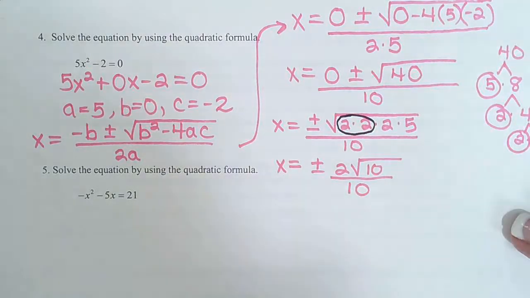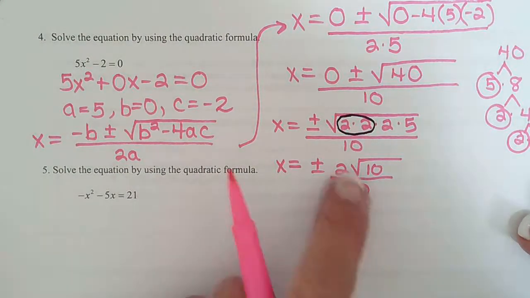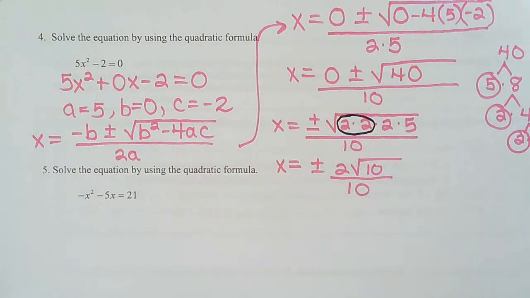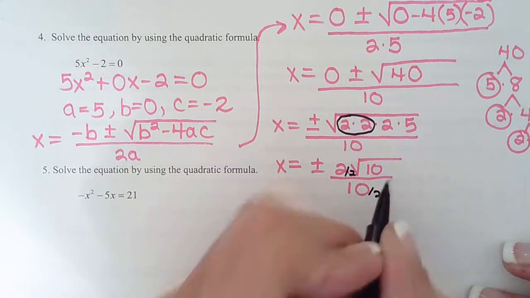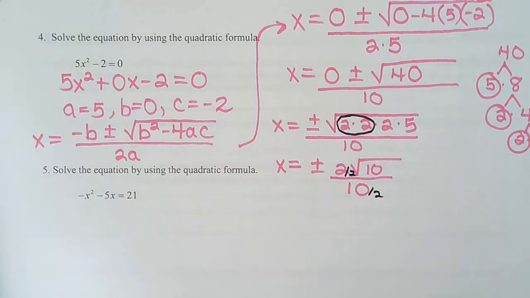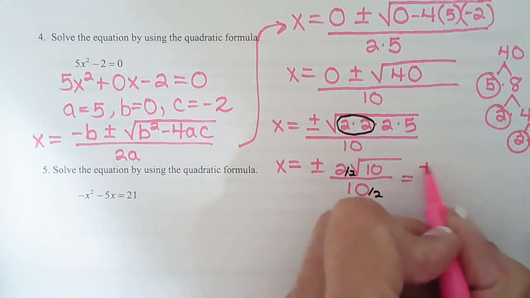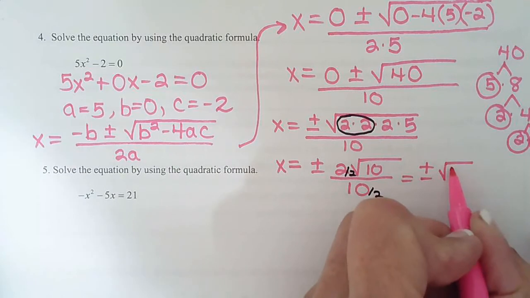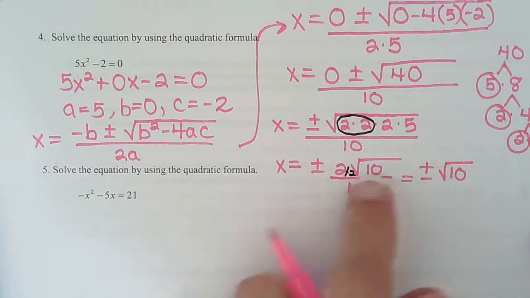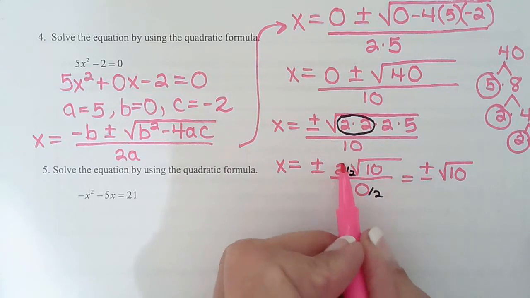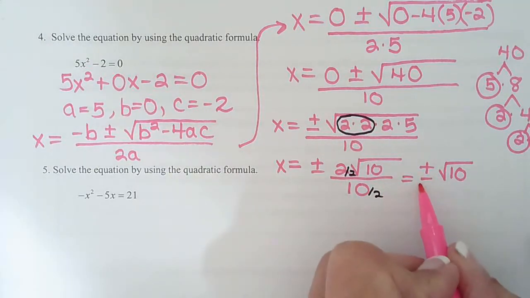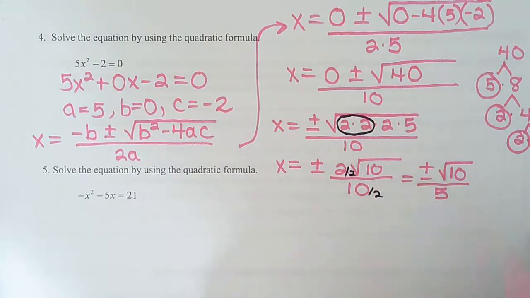So now we just have 2 terms to look for a GCF. Is there one? Yep, 2 goes into both of those. So we can divide both by 2. And we get plus or minus radical 10 over 5. So we can't divide anything inside, but we can certainly divide the outer numbers. So it turns out to be 1 radical 10, which is just radical 10 over 5.